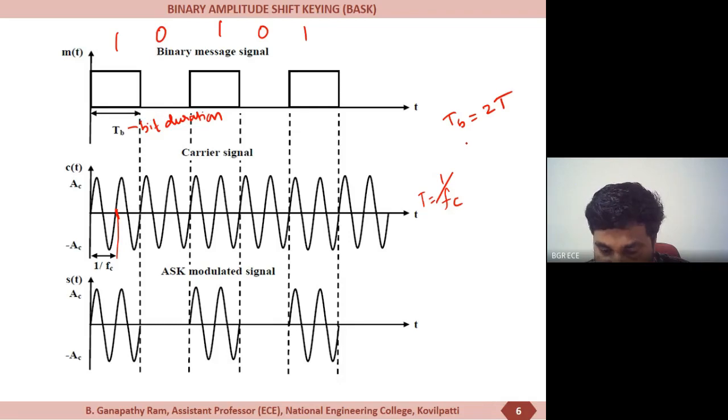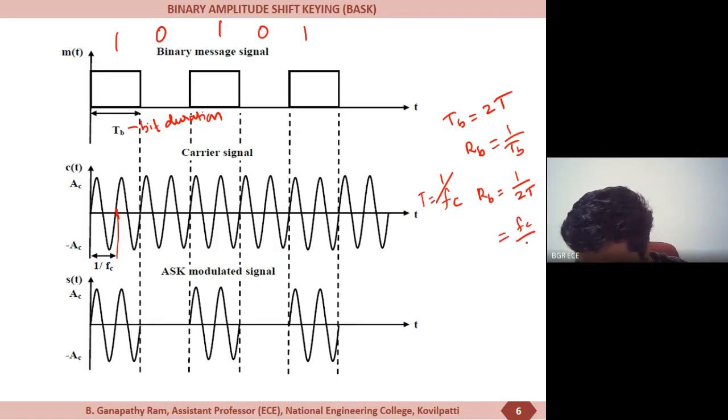Suppose TB is equal to 2 T's. Then the data rate RB is equal to 1 divided by TB, so RB is equal to 1 divided by 2T. 1 divided by T can be represented as Fc, so RB is equal to Fc by 2.